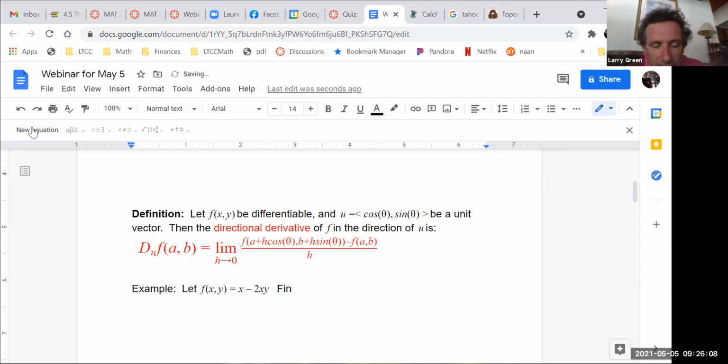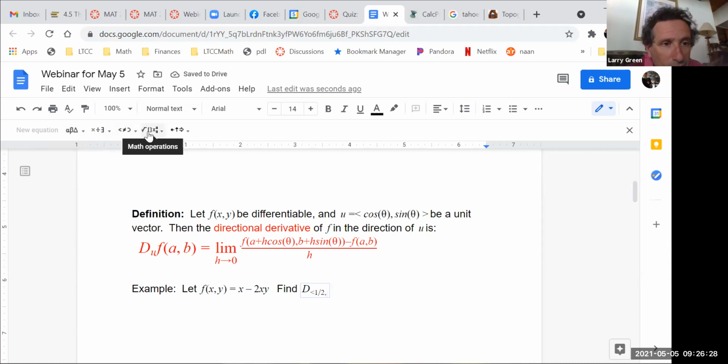Find the directional derivative in the direction of the vector (1/2, square root of 3 over 2) of f evaluated at the point (2, 3).